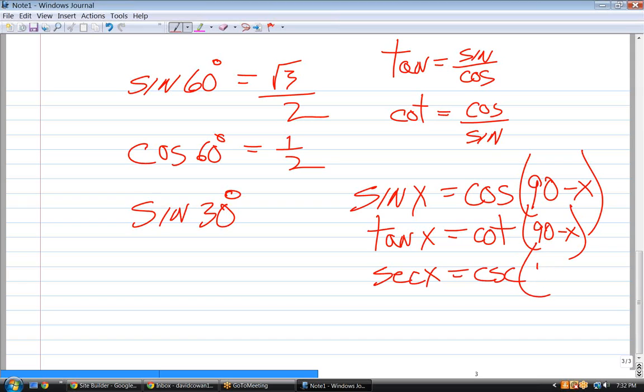These are called the cofunction relationships. So the sine of 30 is the same as the cosine of 60. Since they've given us that, I just need to use this identity to come up with the 1/2.